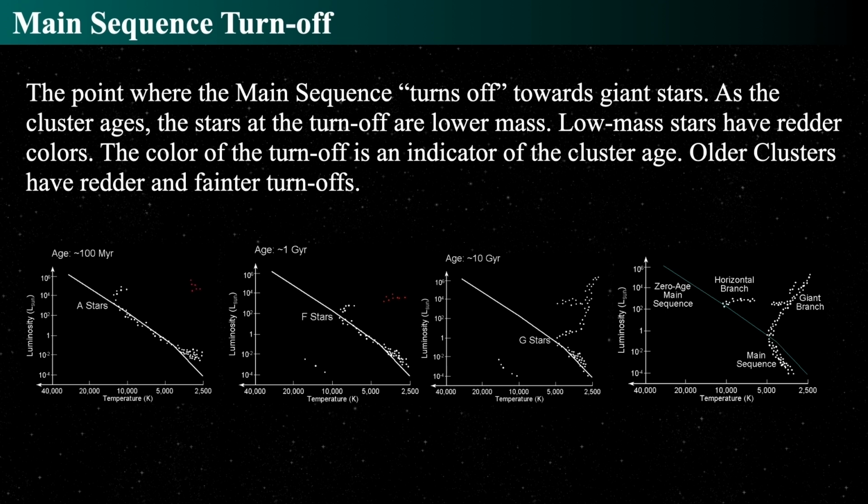Low mass stars again have redder colors, and the high mass stars have bluer colors. The color of the turnoff point is the indication of the age of the cluster, and vast computer simulations show that this is what happens when stars evolve, or when they run out of fuel and evolve into giants. So old clusters have redder and fainter turnoff points.